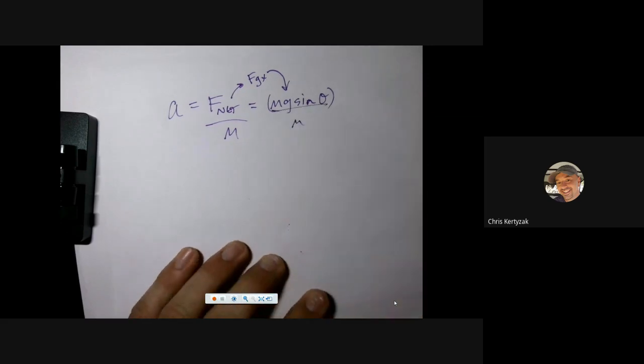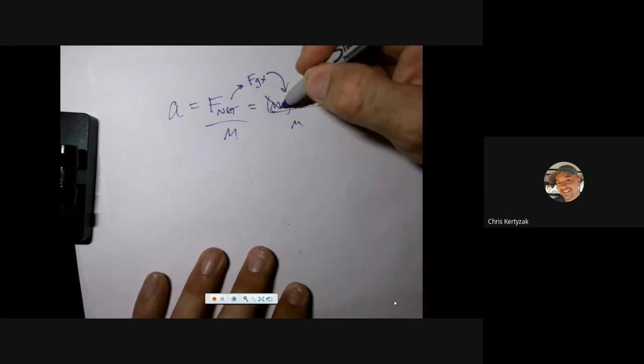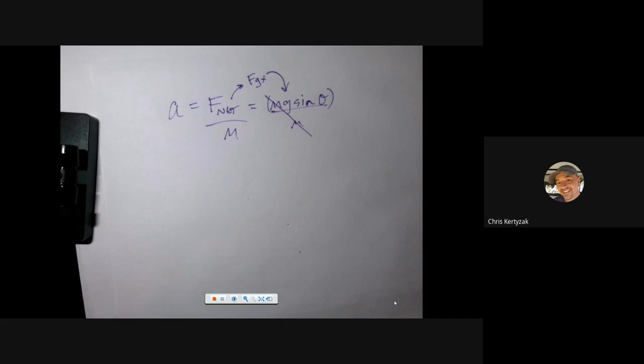Divided by the mass, notice that the masses cancel. This is math's indication that if the object is accelerating down a frictionless ramp, the mass of the object sliding down the ramp will not matter.